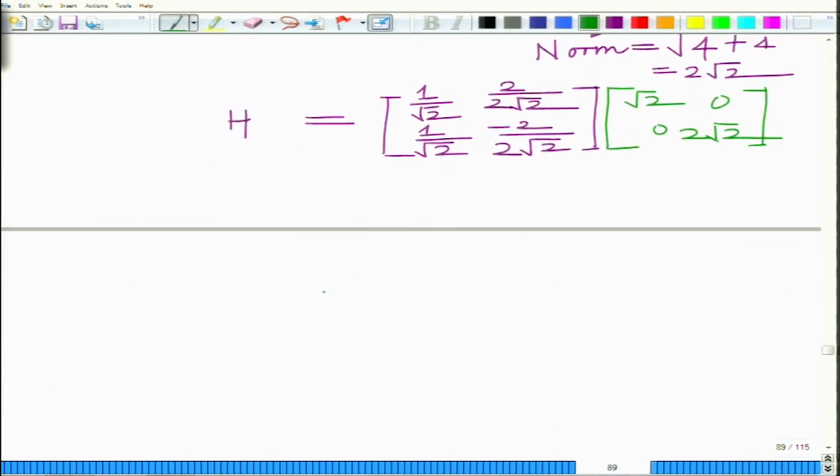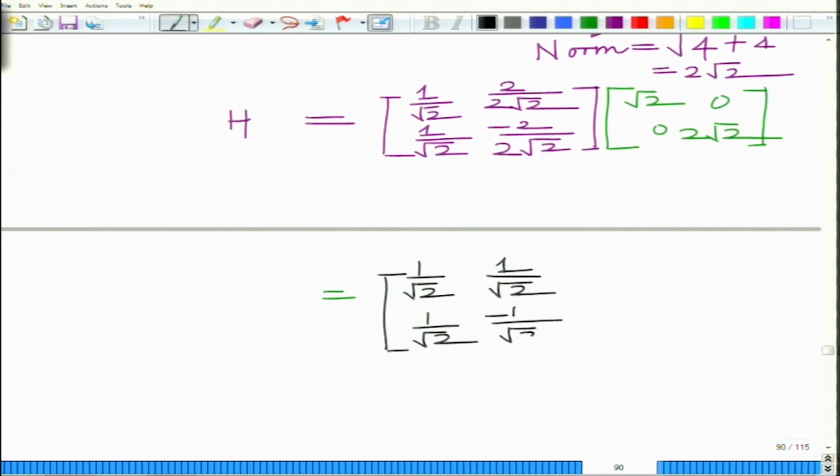I can simply write this as 1 over square root of 2, 1 over square root of 2, 1 over square root of 2, minus 1 over square root of 2, times the product, square root of 2, 0.